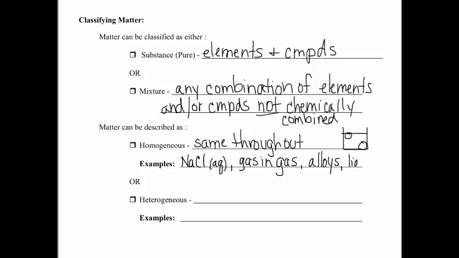So a liquid in a liquid, an example would be like ethanol in water, or isopropyl alcohol that you buy at the store is actually a solution of isopropyl alcohol in water. So again, it would probably say AQ after it to tell you.